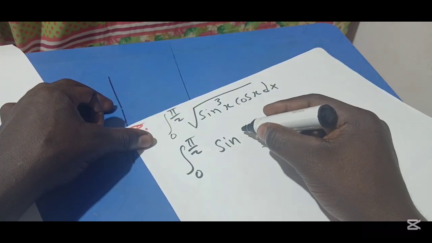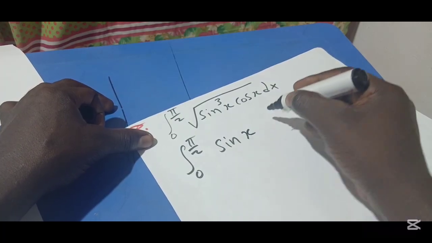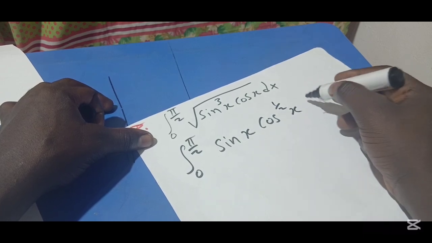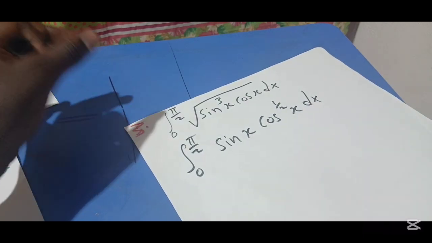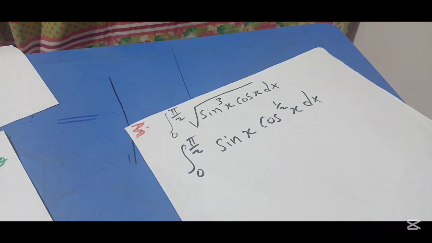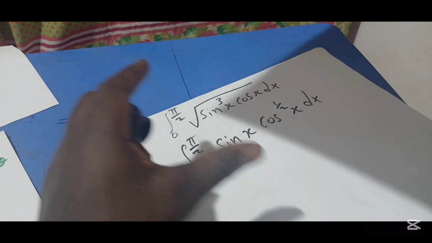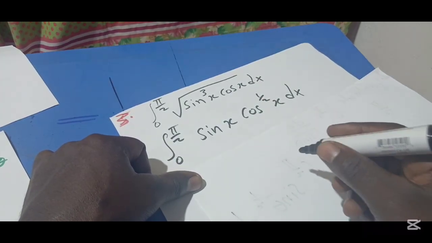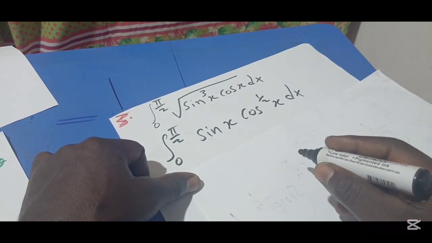Let's leave sine for now. So cos to the power half x dx. And in this case we have a sine already raised to the power 3, and now the square root is adding to it.